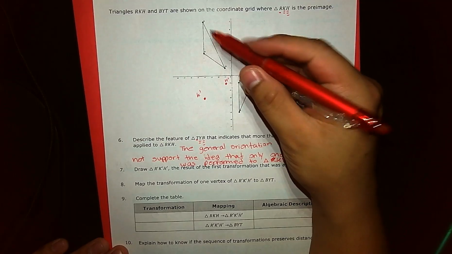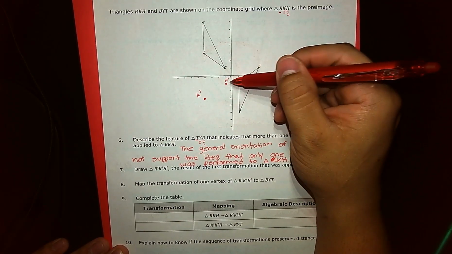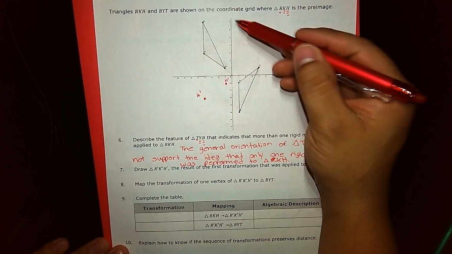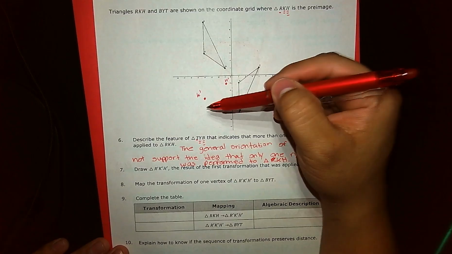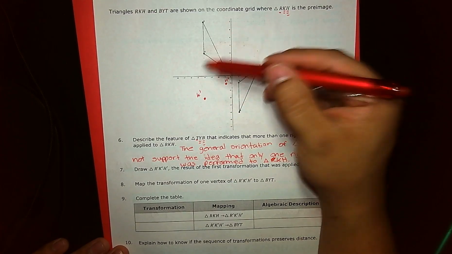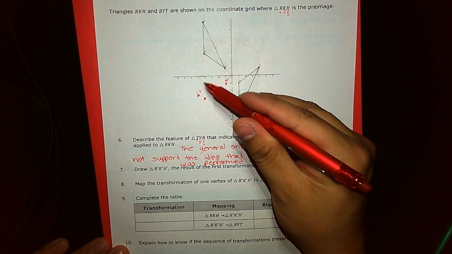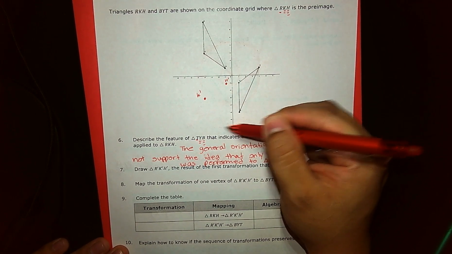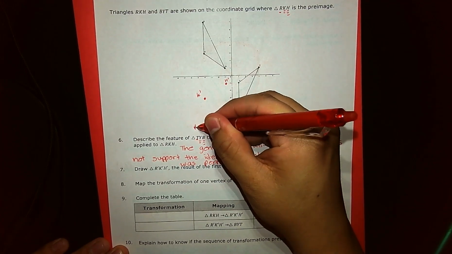And R, if I reflected R over the x-axis, the same thing. R looks like it sits at (-4, 7). Now I reflect it over the x-axis. It needs to sit 7 units away from the x-axis, so 7 down here, still at -4. So -7 is down here, 4 looks like it'd be there, and that would be R prime.